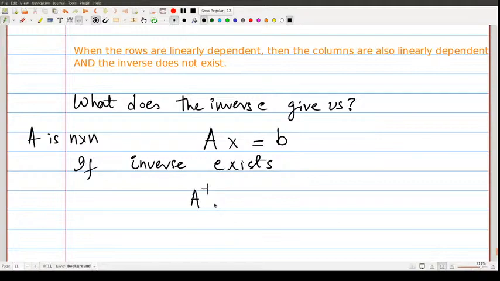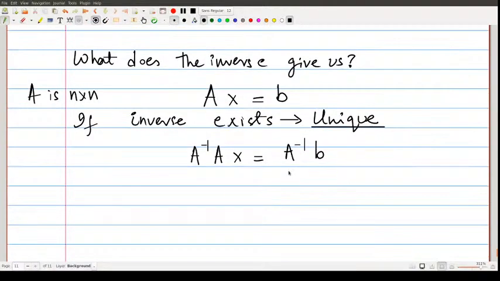I can say A inverse times Ax is equal to A inverse times B. By the way, when the inverse exists, it's a unique matrix. A matrix can't have multiple inverses. If it has an inverse, then that inverse is going to be a unique matrix, right? So A inverse times A gives me identity times x is equal to A inverse B, and the identity matrix multiplied by a vector gives me the same vector, so x is equal to A inverse B.